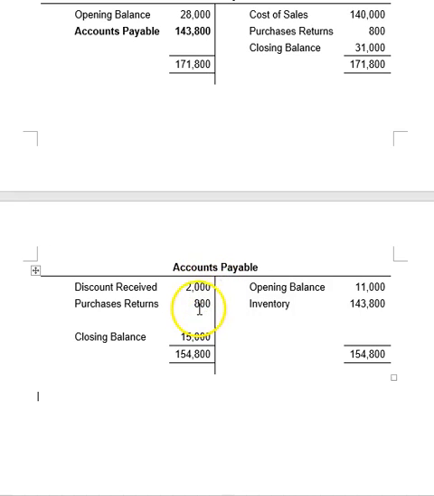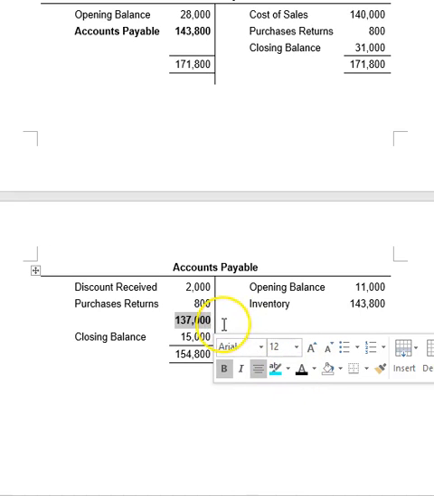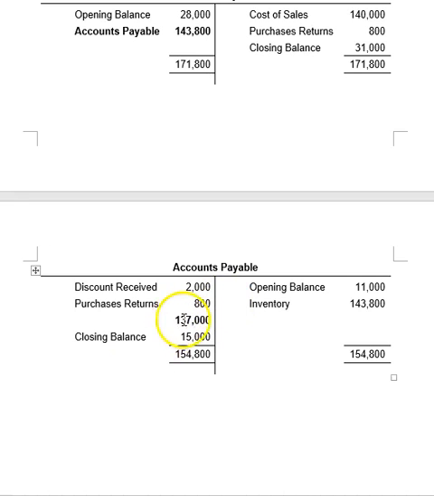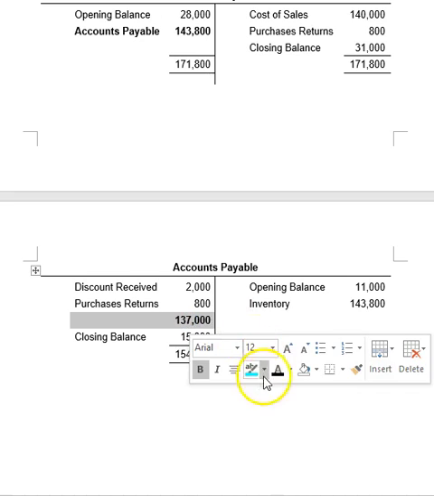So you need to find out how much the remaining balance is after deducting all these figures over here. So 154,800 minus 800 minus 2,000 minus 15,000, you will get 137,000. And this 137,000 is from cash at bank.